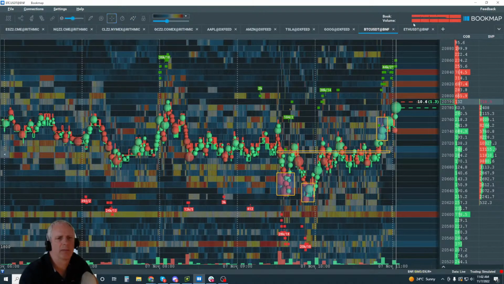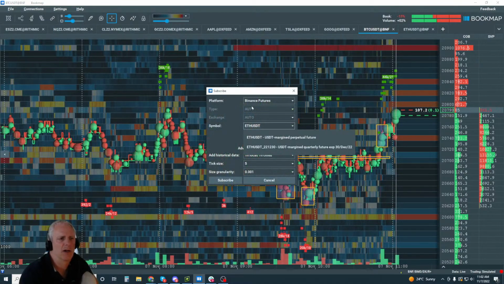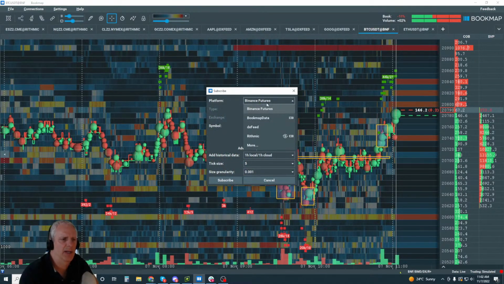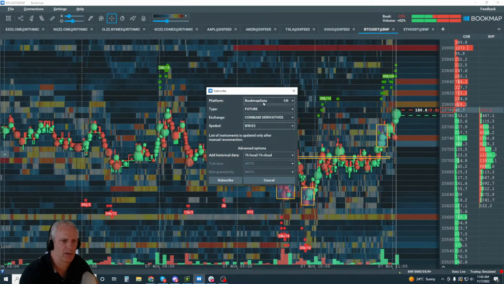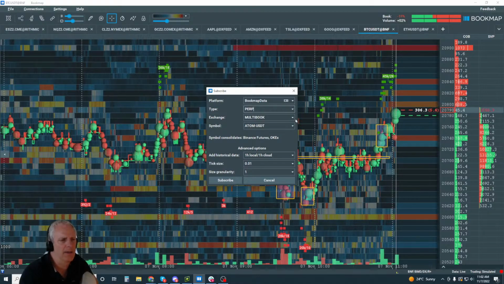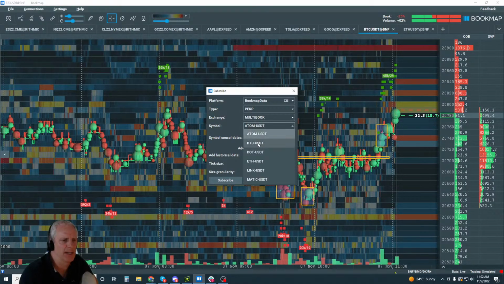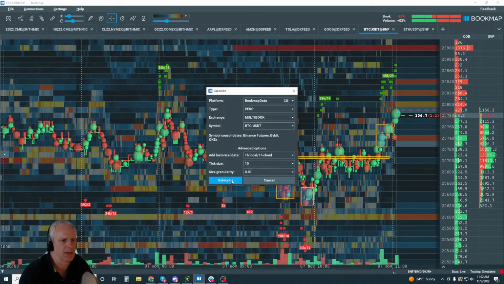Select Bookmap data, and then we'll click on plus tab. We're going to use Bookmap data in here. We're going to look for a futures or a perpetual product, and then we're going to add in multi-book, and we're going to look at BTC USDT. $10 per tick, that's good.